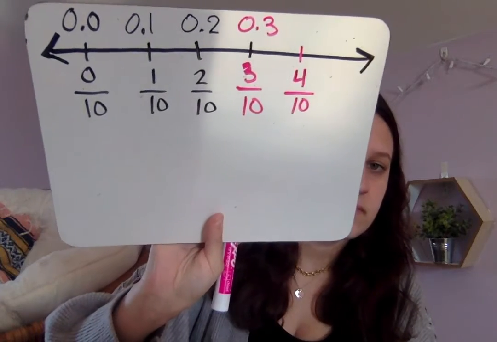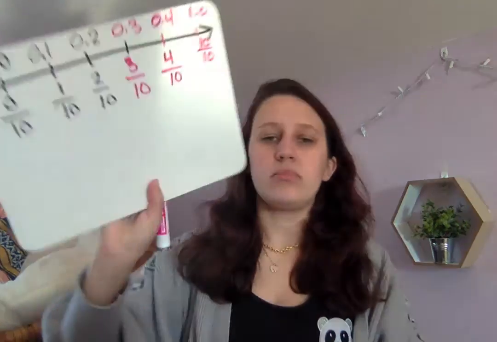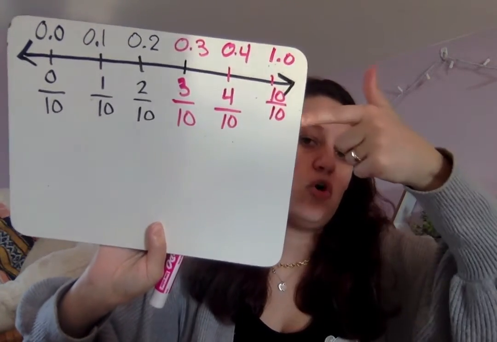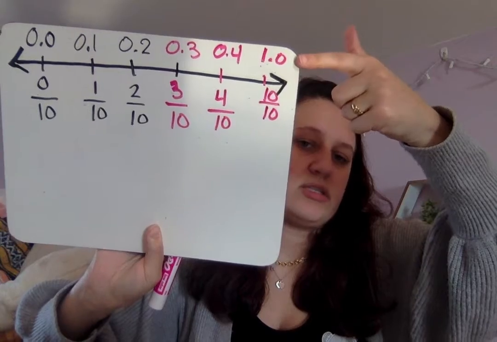What about 4 out of 10? 0.4. And you can keep going all the way to 1. And you would write the decimal 1 as 1.0. This is 10 out of 10. I skipped a couple. 1.0 would be 10 out of 10 because there's no parts. So I can't write the parts on the other side. I just have a whole.